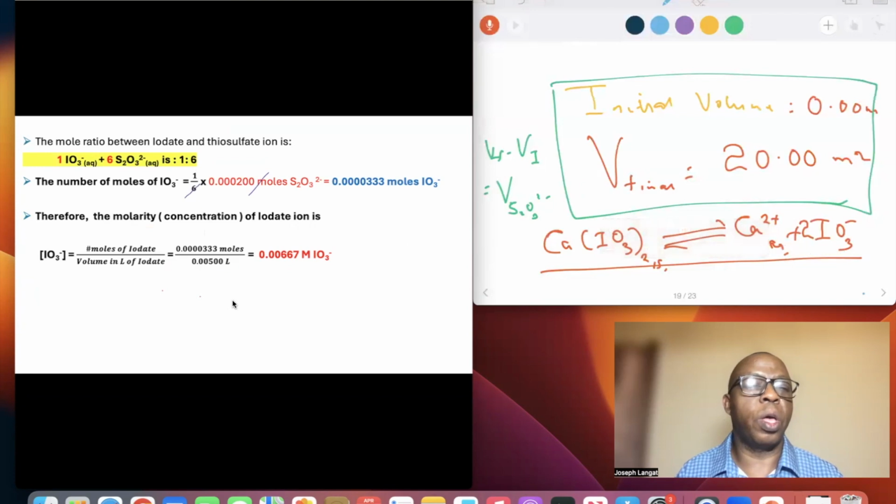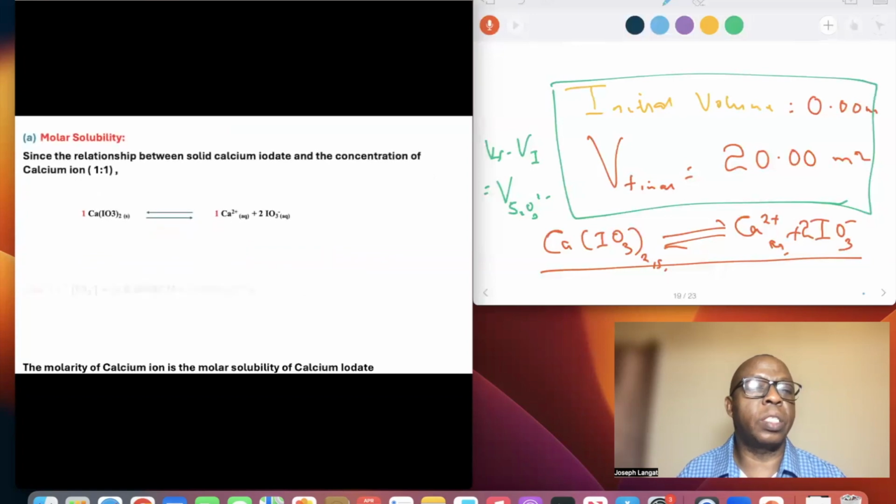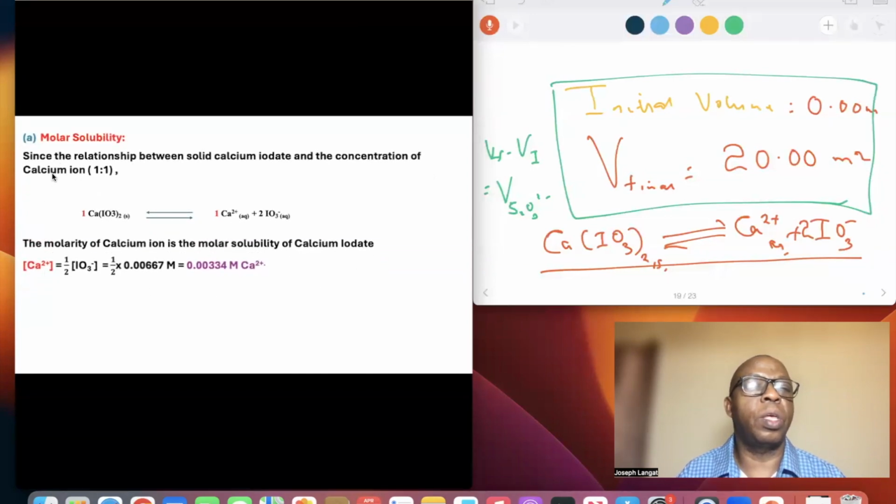Therefore, the concentration of calcium is 1/2 the concentration of iodide. 1/2 of this gives us the molarity of calcium, which is basically the molar solubility of calcium iodide in pure H2O. So if we know the concentration of each ion, we can plug into the solubility product equation.